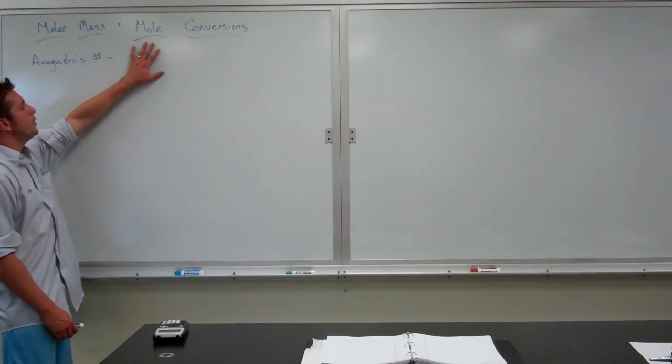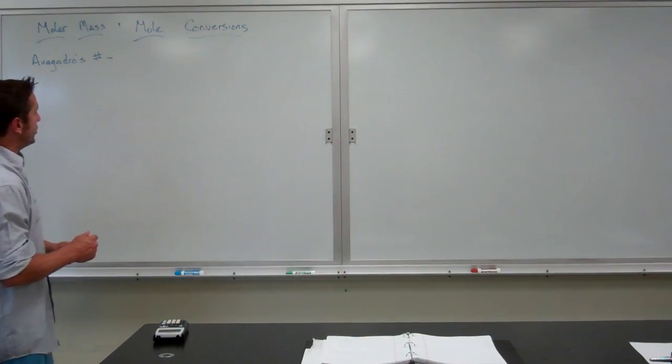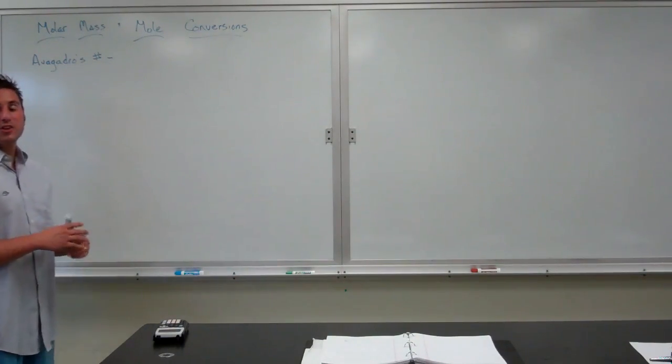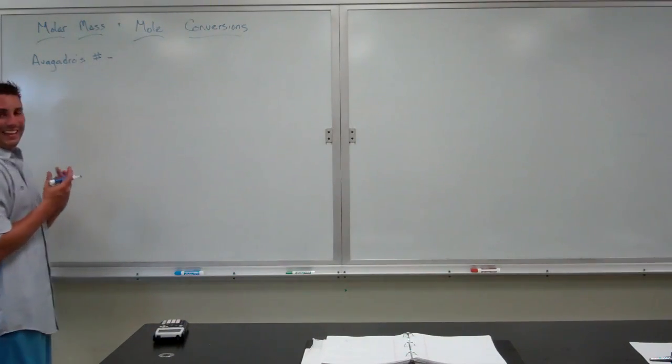And if you remember from when we did our units of conversion way back in Chapter 2, mole was the way we measure amounts of things in chemistry. So Avogadro's number is this.